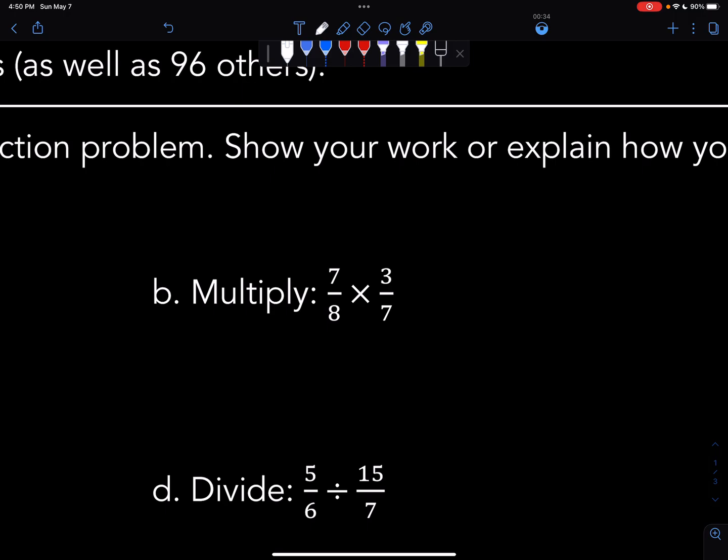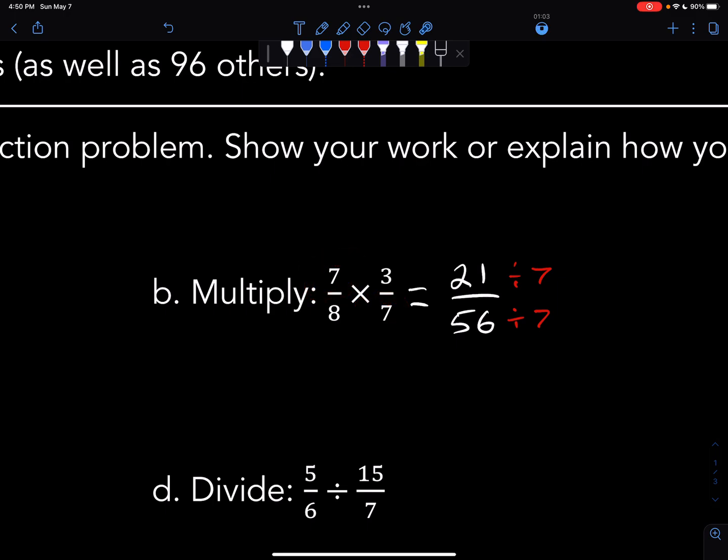Moving over to B, multiplying straight across, 7 times 3 is 21, 8 times 7 is 56. Notice now you can reduce, so we can divide top and bottom by 7. Here we also have 7s, right?